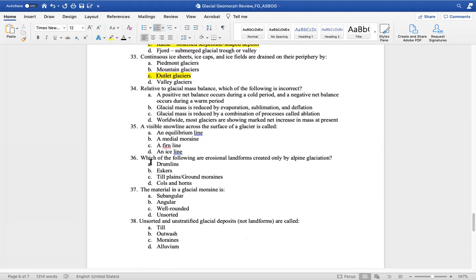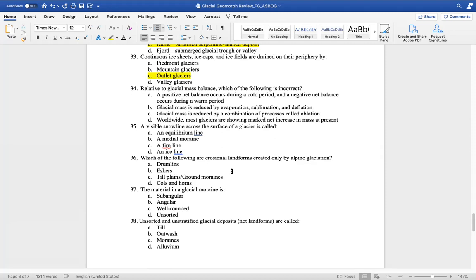Relative to glacial mass balance, which of the following is incorrect? A positive net balance occurs during a cold period and a negative net balance occurs during a warm period. That makes sense. During a cold period, snow is more likely to be deposited and stay frozen and go through recrystallization and compaction. When it's really warm, there's going to be a lot more melting. Glacial mass is reduced by evaporation, sublimation, and deflation. That's absolutely true. If you're taking away ice and snow, that decreases the glacial mass.